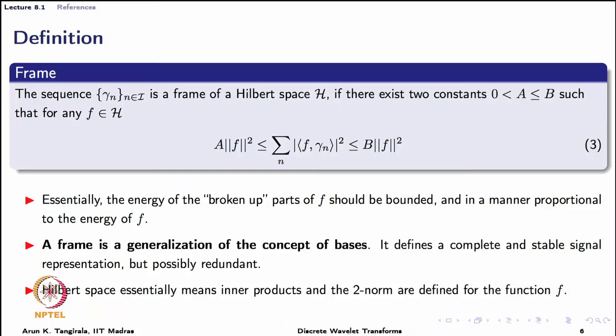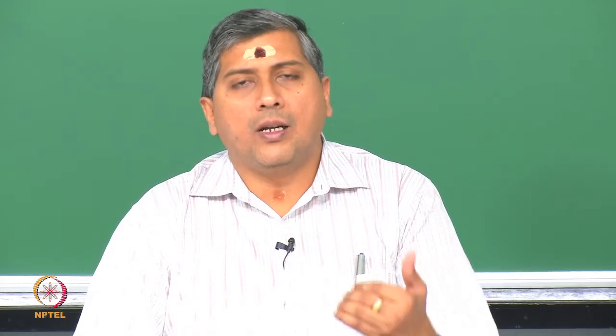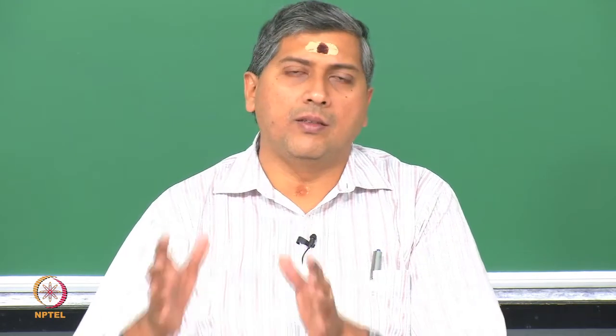Now, let us look at the frame theory a bit formally. First, let us learn what a frame is. Before we look at equation 3, I have written in bold face here that a frame is a generalization of the concept of basis. We all know that any signal or any vector can be represented as a linear combination of some basis for that signal.